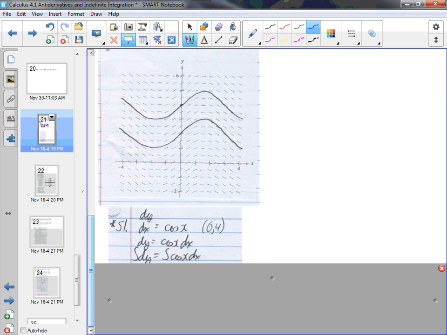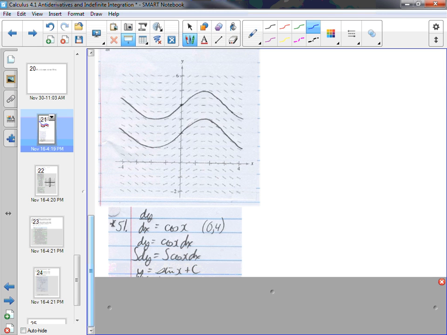Since the variable of integration is y, the antiderivative of 1 is not x, it's y. And on the right side, and you may have to look this one up, the antiderivative of the cosine of x dx is the sine of x plus c. Makes sense, doesn't it? Because what's the derivative of sine? Cosine. So the antiderivative of cosine should be sine plus c.